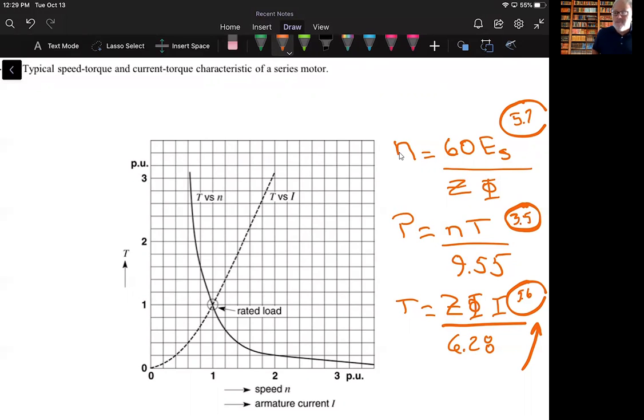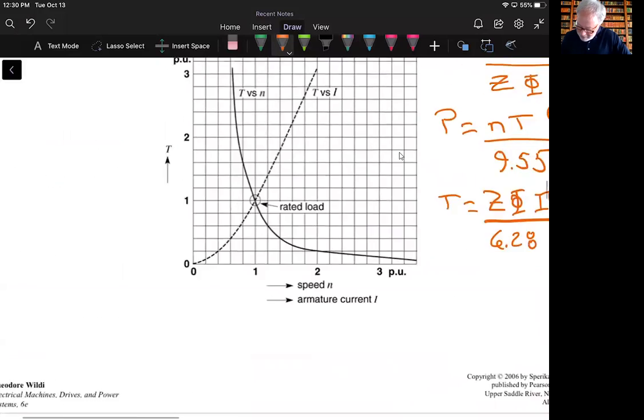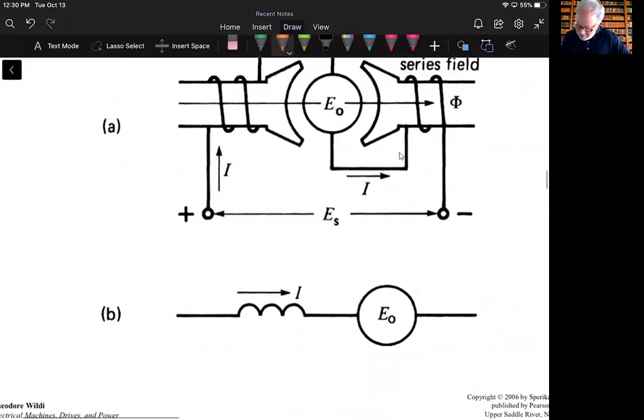So in section 5.9, he says, when the series motor is carrying a load and operating at normal conditions, we may need to vary the speed just a little bit. One way that we can do that is to place a resistor in parallel with this series field.